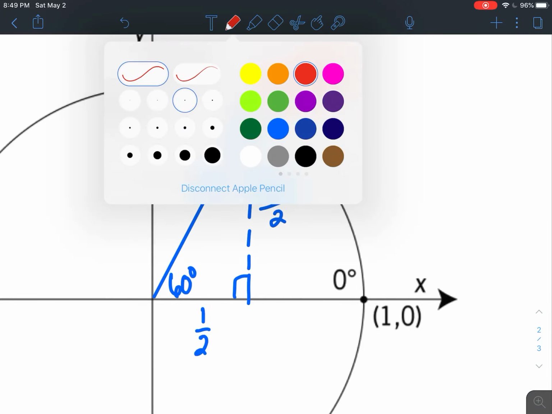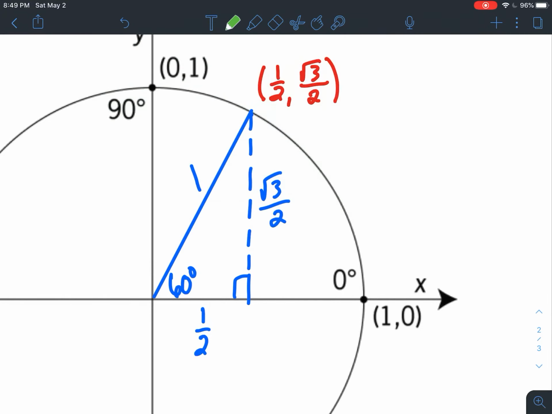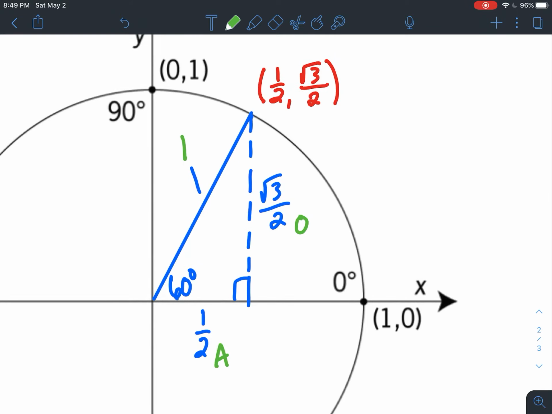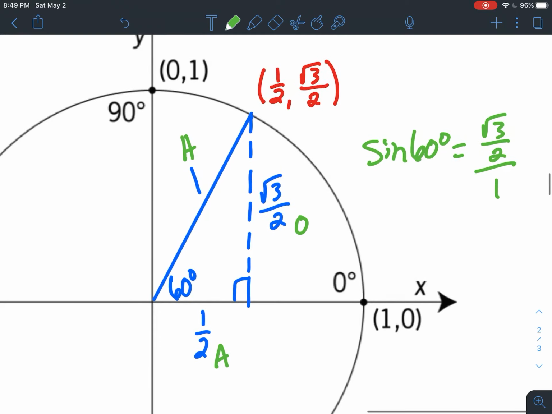And again, if you want a quick look at where that's beneficial, if we look now at our 60-degree angle, and we're trying to evaluate with it. If I was trying to find the sine of 60 degrees, that would be the opposite, square root of 3 over 2, over the hypotenuse, which is 1.